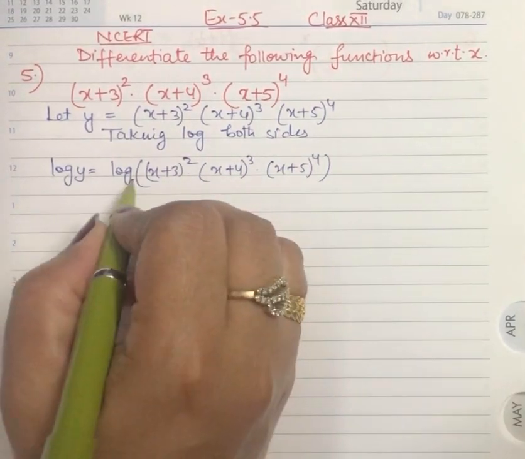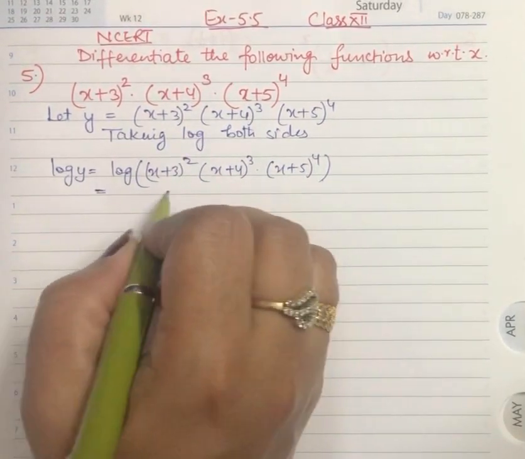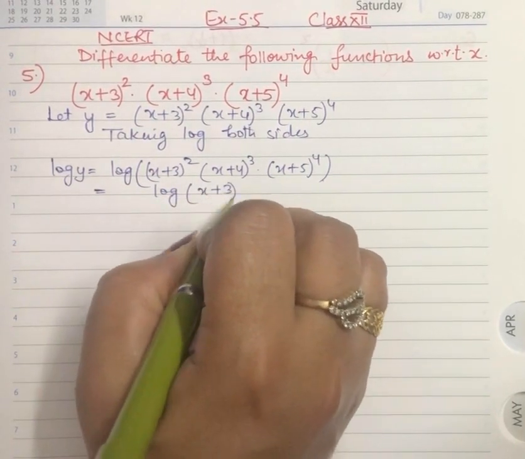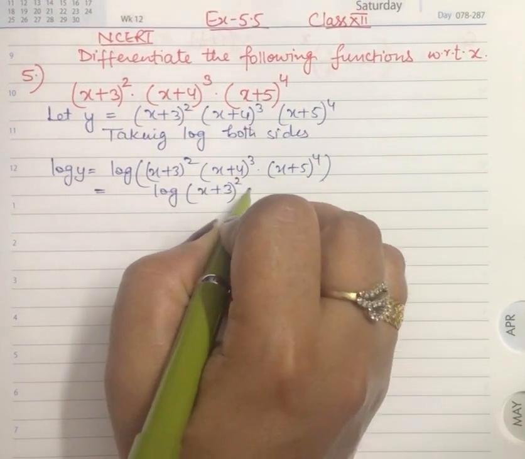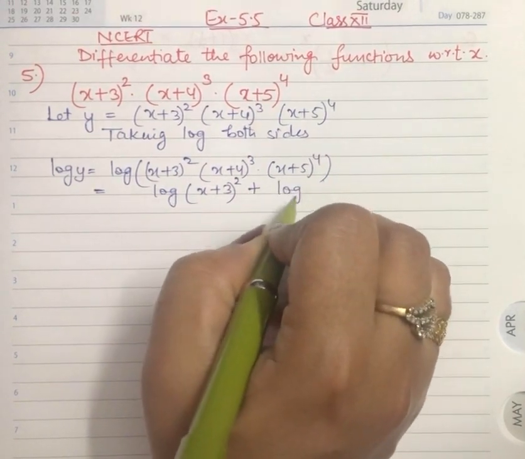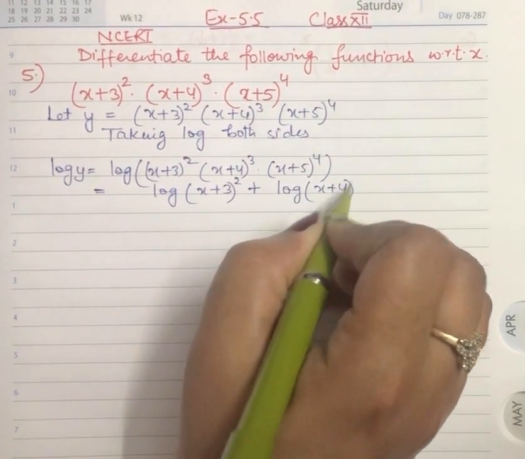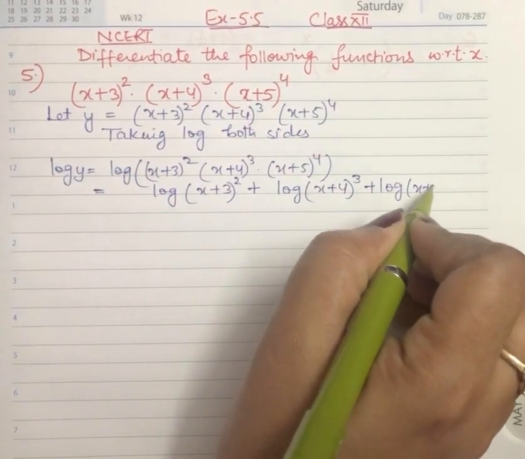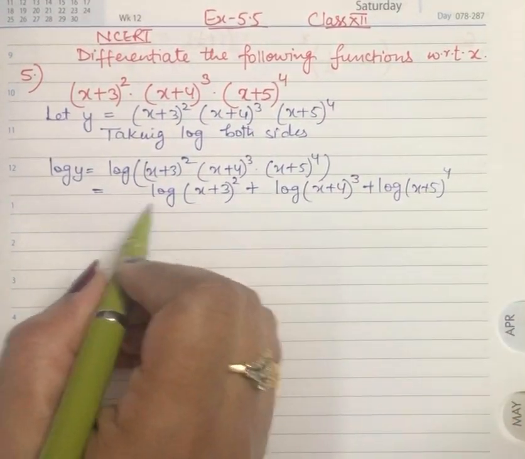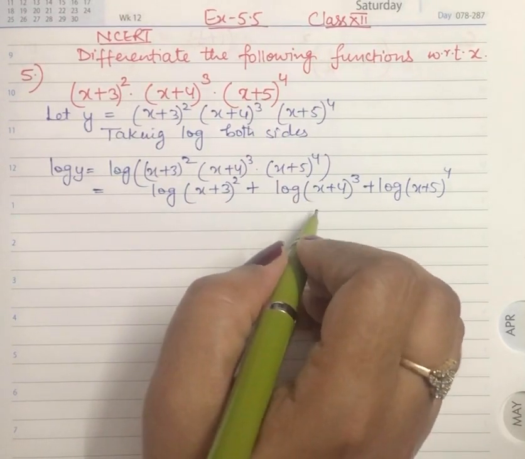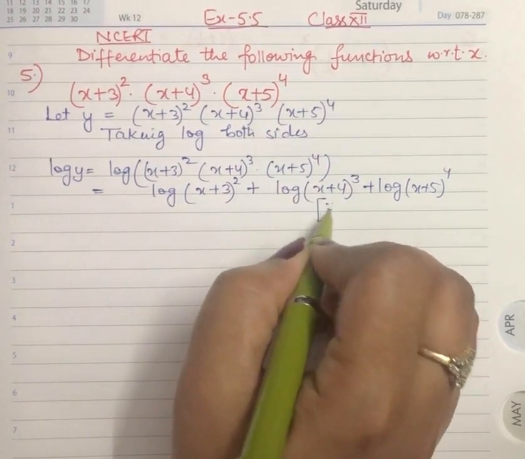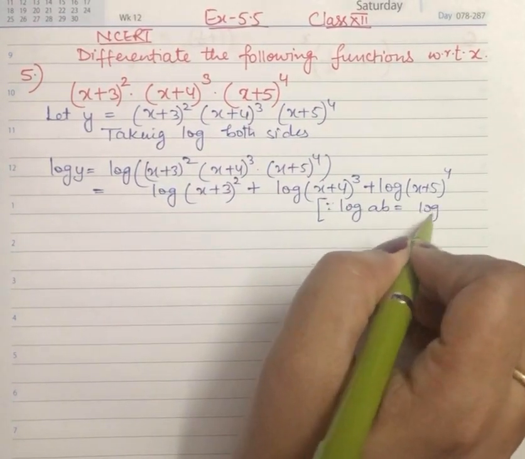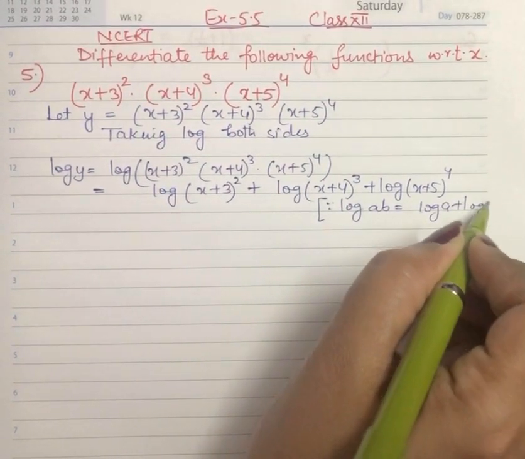Now this right hand side can be written as log of (x plus 3) whole square plus log of (x plus 4) whole cube plus log of (x plus 5) to the power 4. Here we are using the property that log AB is equal to log A plus log B.